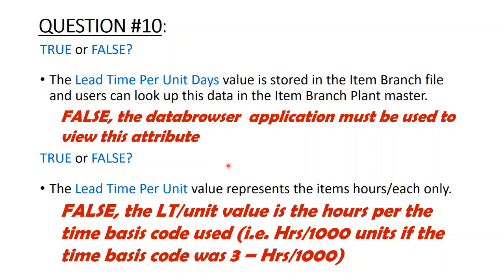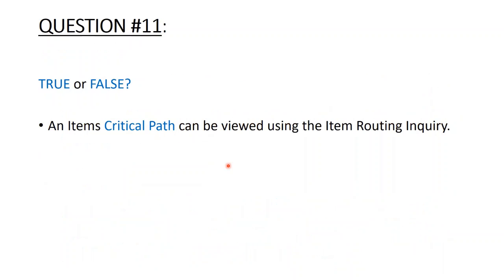The lead time per unit value is the hours per the time basis code used. An example, hours per 1,000 units if the time basis code was 3 for hours per 1,000. True or false? An item's critical path can be viewed using the item routing inquiry.